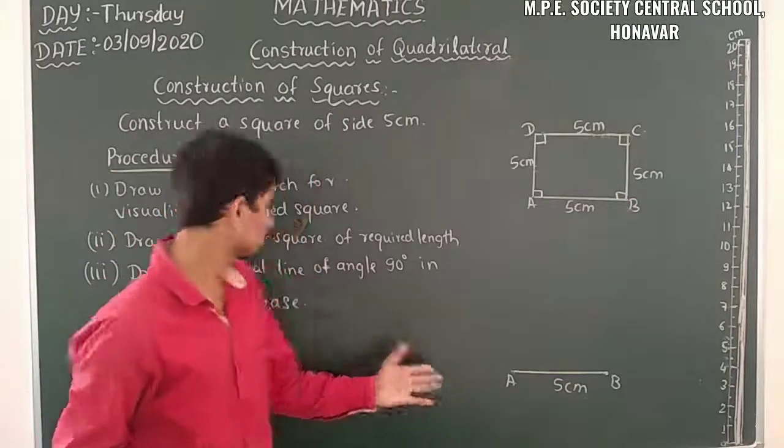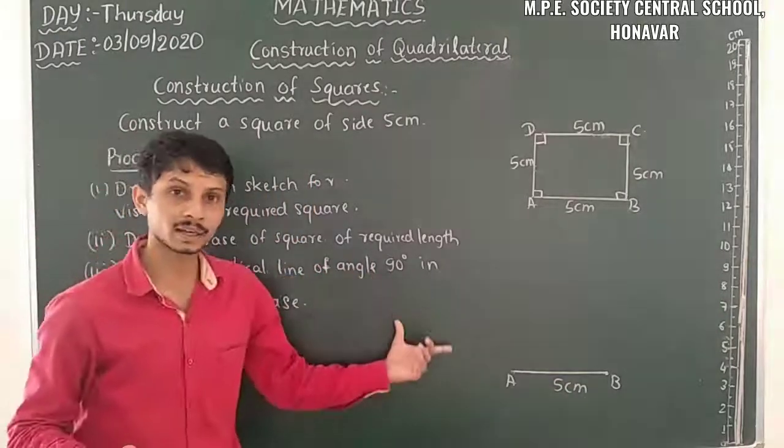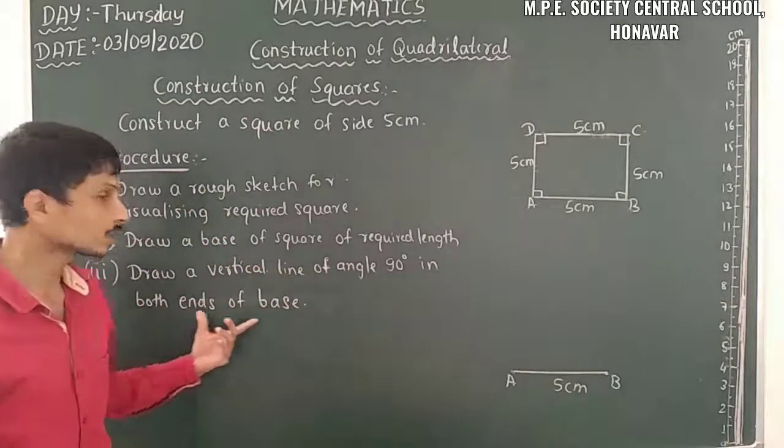So here we have to draw a vertical line of angle 90 degree at both ends of the base.